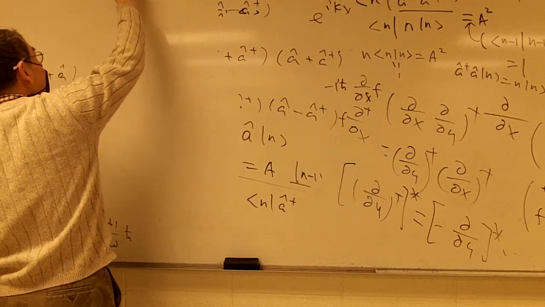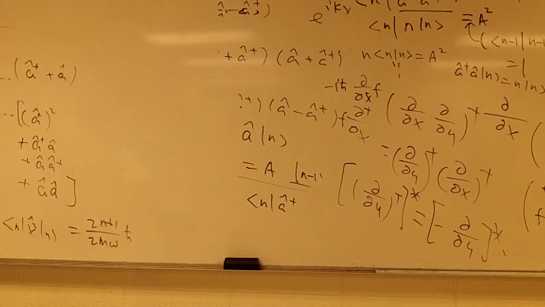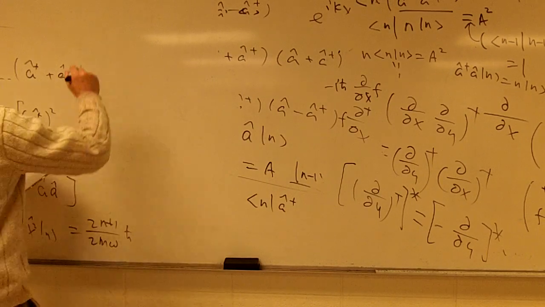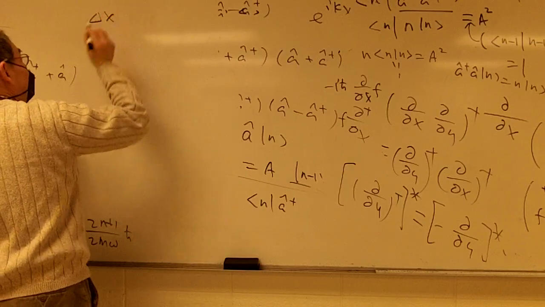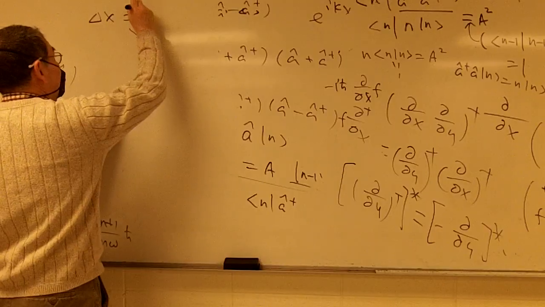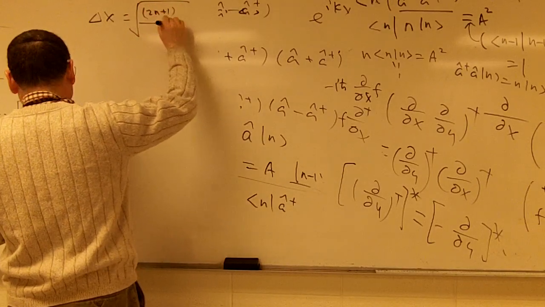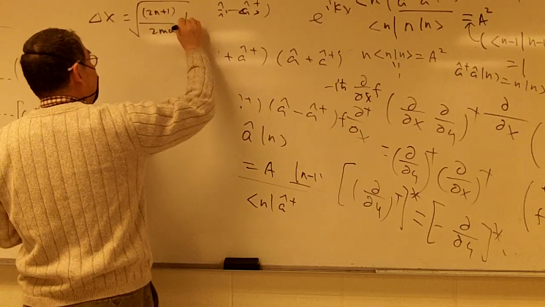The expectation value of n x hat n equals 0. So the equilibrium position equals 0. So this is the absolute zero case. Then you can see the uncertainty for the harmonic oscillator in the position is just the square root of (2n plus 1) over 2m omega h bar.